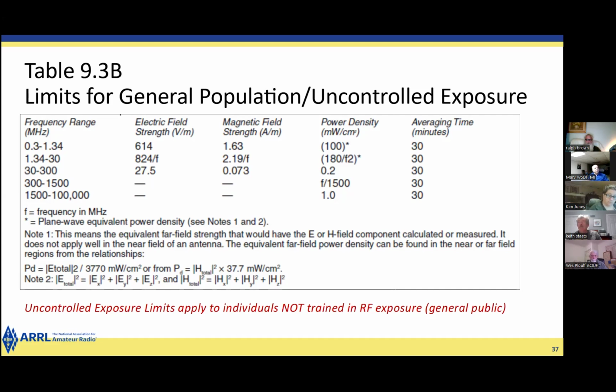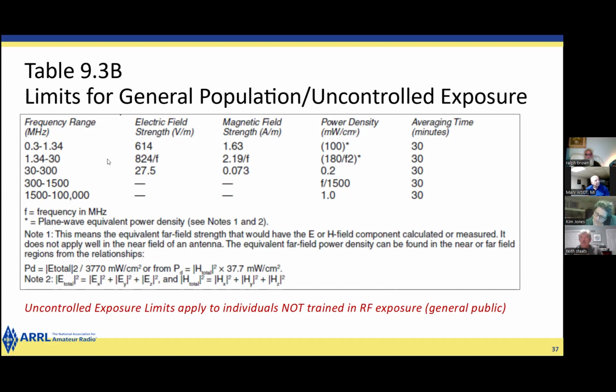Because you've got limits for the radio operator, and then you also have limits for the general population, which is the uncontrolled exposure. But you have so many variables. It's difficult to call it.